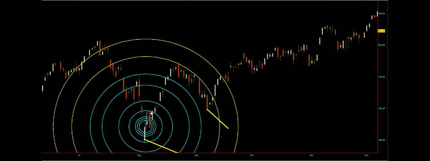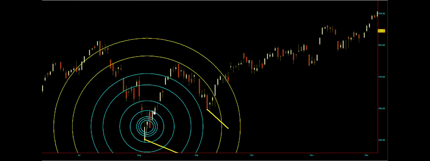Now let's go to this one. So I axis align this low and this huge pivot, it came down, right? It went up again. Where is the market going? We can now trust these levels.